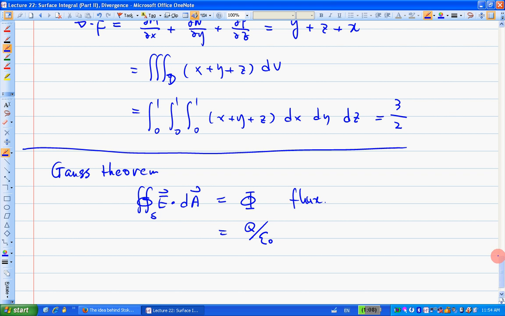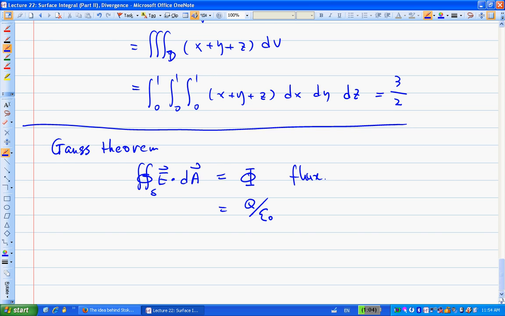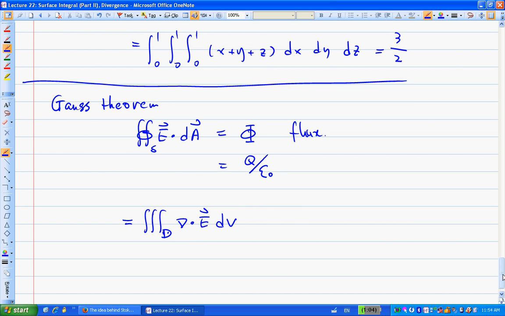As a matter of fact, if you apply the divergence theorem here, because this is a closed surface, it's going to be a triple integral over a region D of del dot E dV.